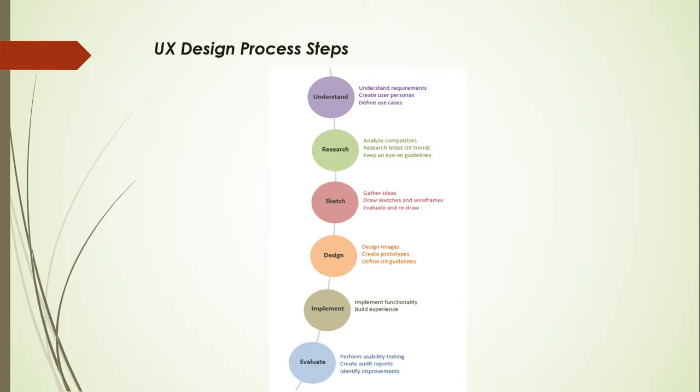And what lessons can we take away from this? This is the important thing in this step, and we can perform usability testing, create audit reports and identify the improvements in this final step.